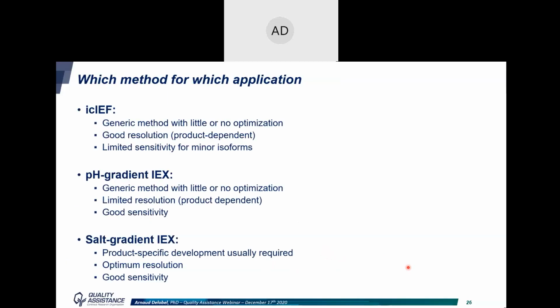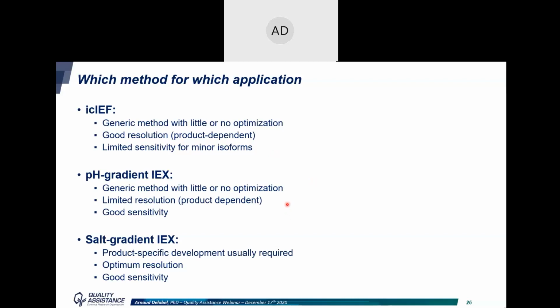So which method should you use for which application? icIEF is a generic method with little or no optimization. You obtain a good resolution that may be product dependent, but you may have a limited sensitivity for minor isoforms. pH gradient IEX is also a generic method with little or no optimization.